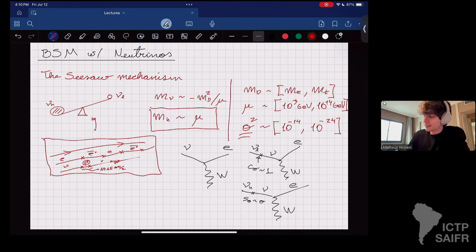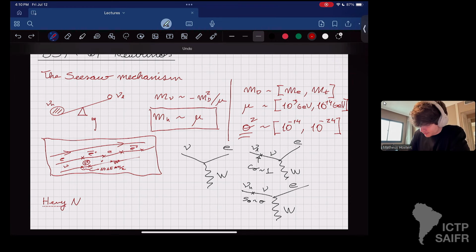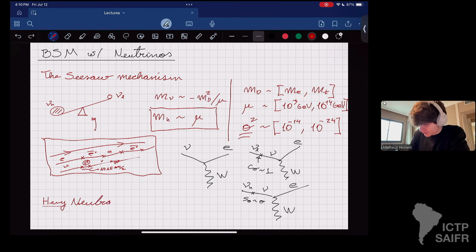So we say that these heavy neutral leptons, we say that they have weaker than weak interactions.